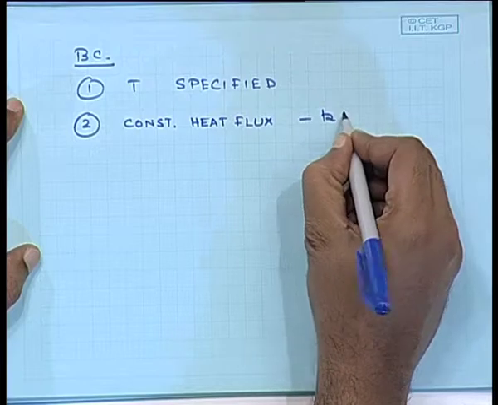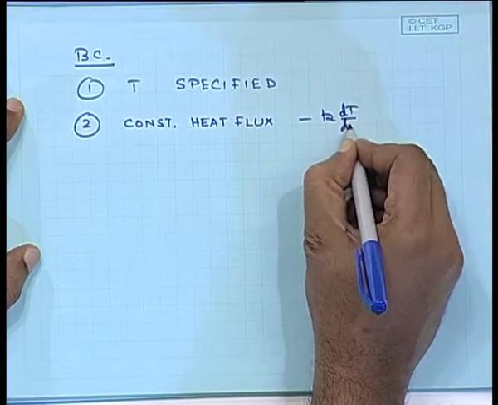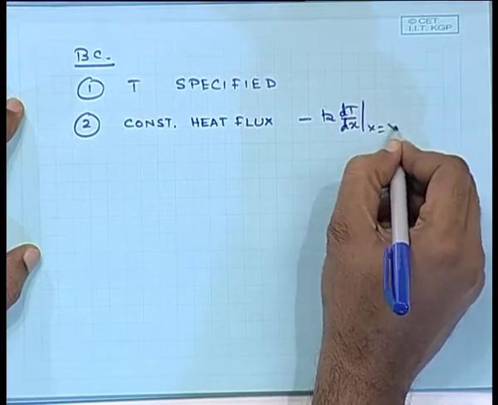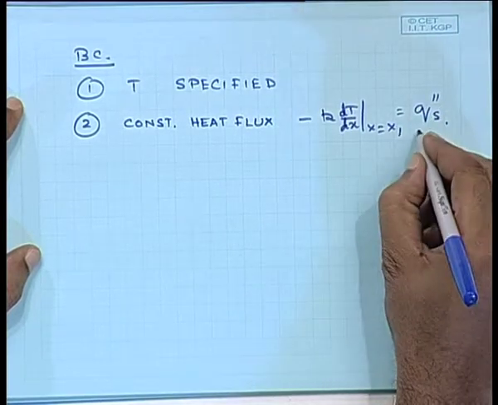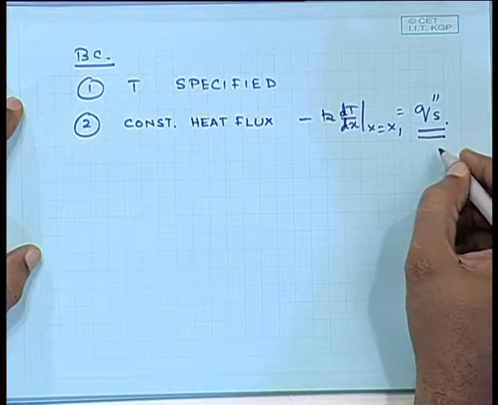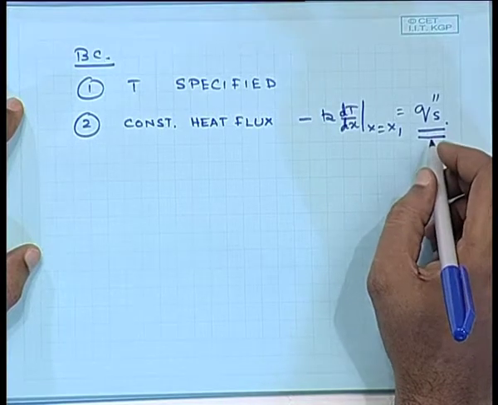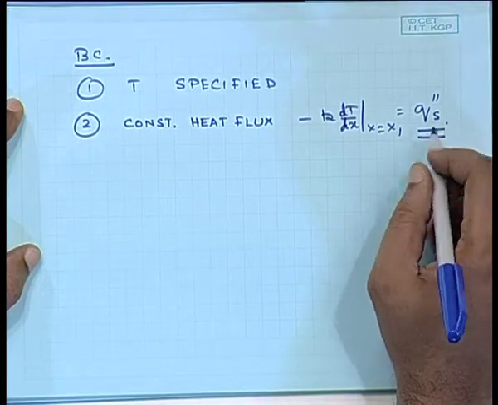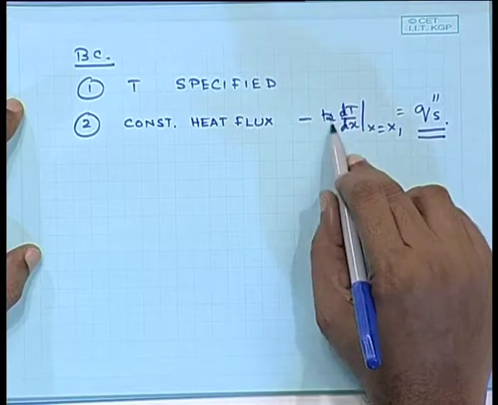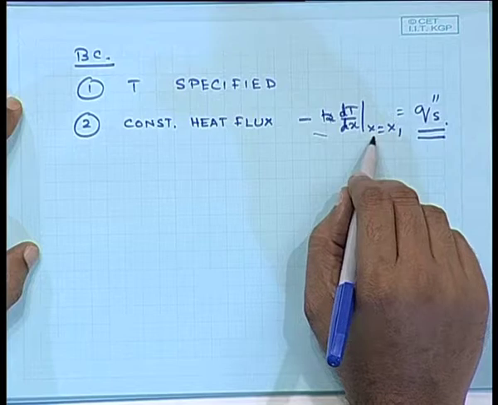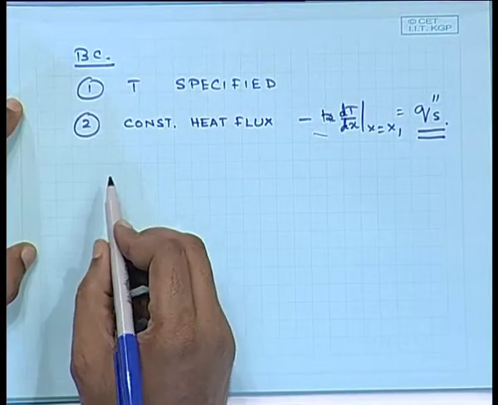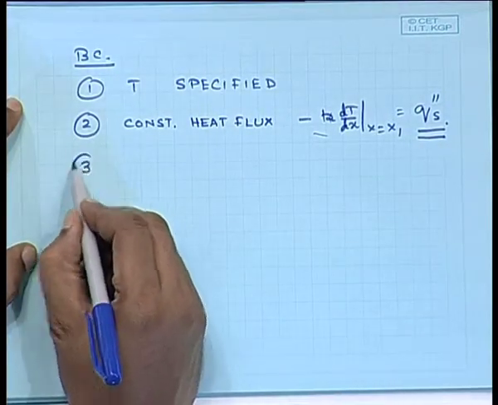You simply use Fourier's law, k times dT/dx at some location x equal to x1 is equal to q double prime s. That means the surface heat flux q double prime s is a constant and is known to you. So, it has to be connected with the temperature gradient at that location using Fourier's law.